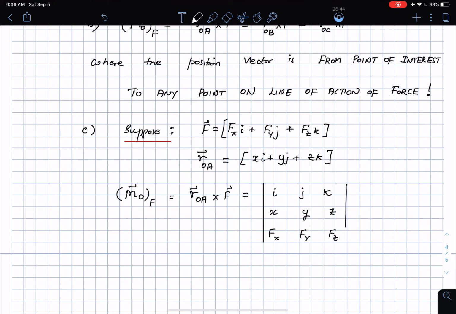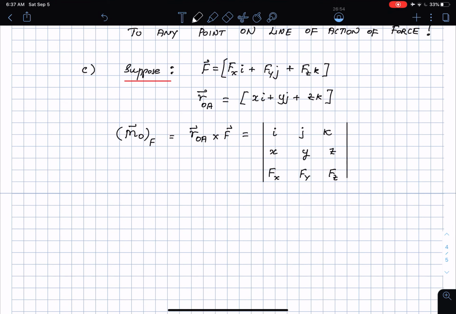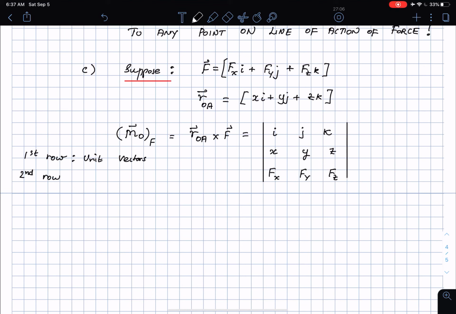I'm assuming that we are all familiar with determinants, but when I solve a problem, I will of course go at least once very slowly using the determinants. So the first row of the determinant is the unit vectors. The second row will be the position vector.